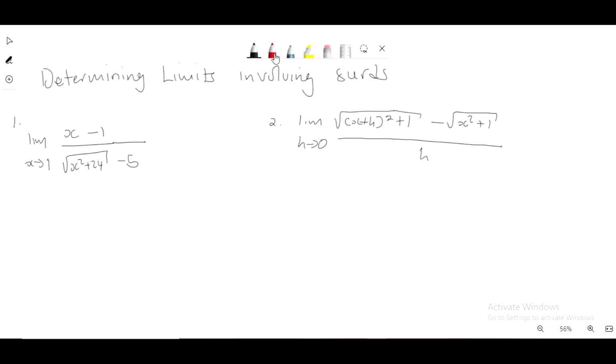At the bottom I'm going to have 1 squared plus 24, which is 25. The square root of 25 is 5, so 5 minus 5 is 0. So I have 0 over 0, and this does not take me anywhere.